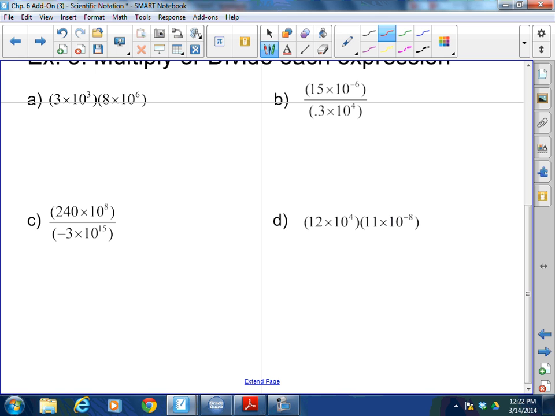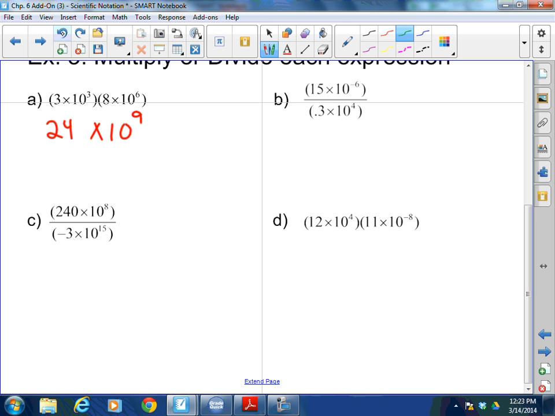First thing we do, number times number. What's 3 times 8, my brothers? 24. Times 10 to the 9th. Now, is this in scientific notation? No. Because this number has to be a value between 1 and 10. Everyone's with me? Okay. Stop writing for 1 second and just watch.